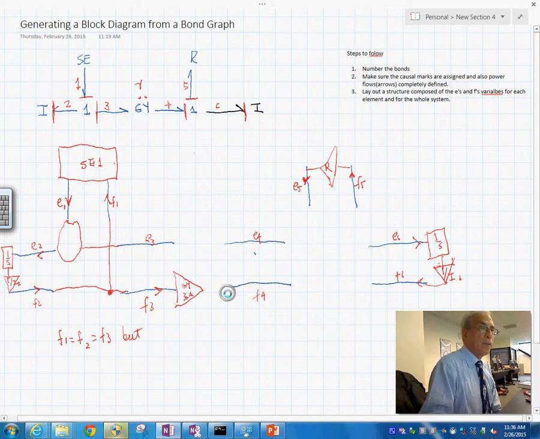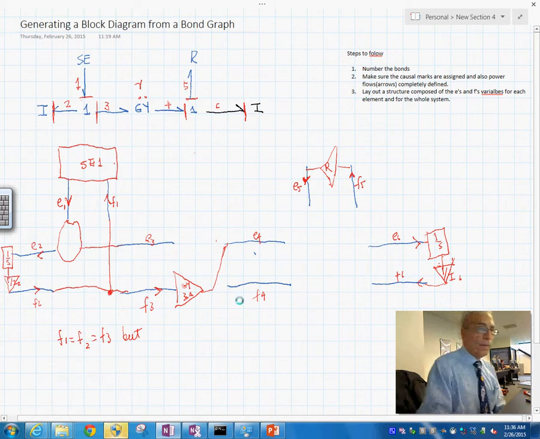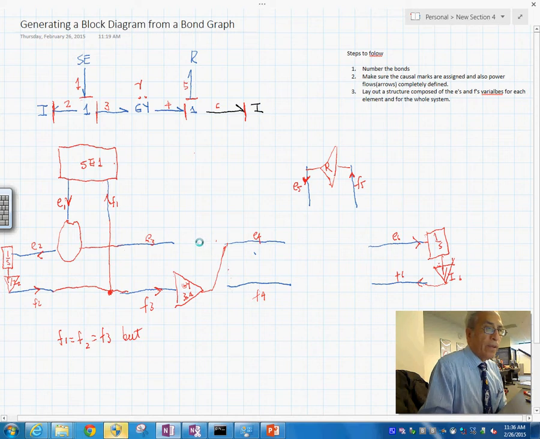Okay, and that becomes E. See? Okay, and this other one that we have is F4 gets multiplied by R in this case. This modulus R.